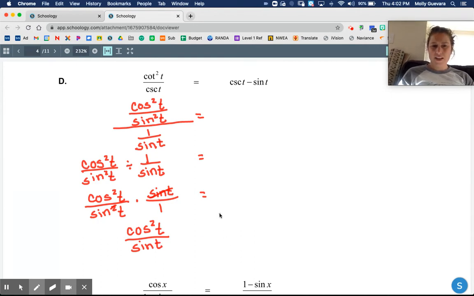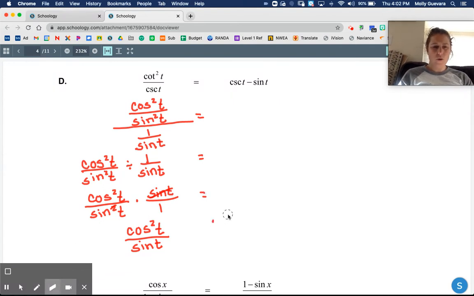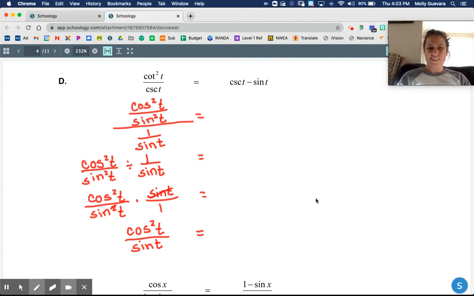At this point, I don't know if I necessarily have anywhere else to go from here. I can break this down into tangent, secant, cotangent, cosecant, but it doesn't really matter.